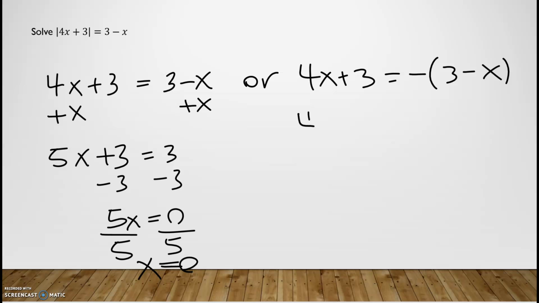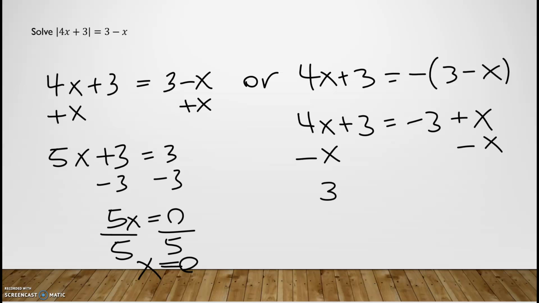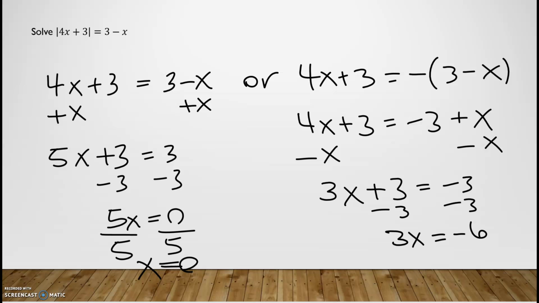Okay, I'm going to distribute this negative to the 3 and to the x. That's going to make it positive. And I'm going to subtract x from both sides, so I'm going to get 3x plus 3 equals negative 3. Subtract 3 from both sides, so 3x equals negative 6.